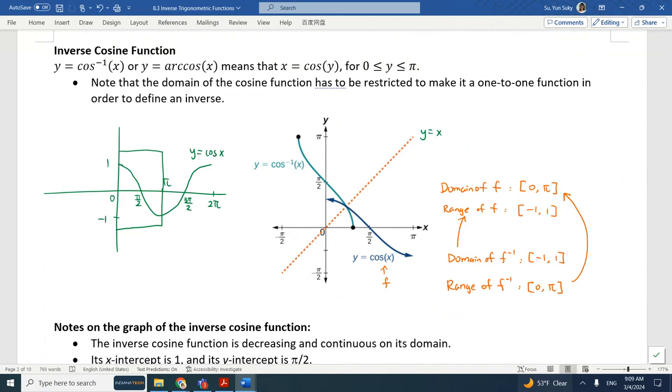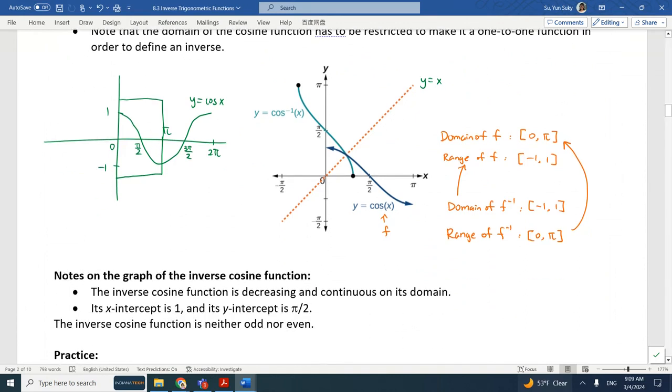Okay, everybody? So this is how we draw the arc cosine. You pick a one-to-one piece of the cosine function, and then you flip it over the line y equals x. Any question up to now?